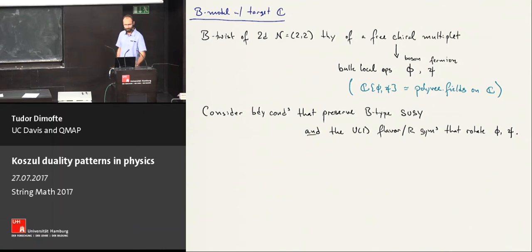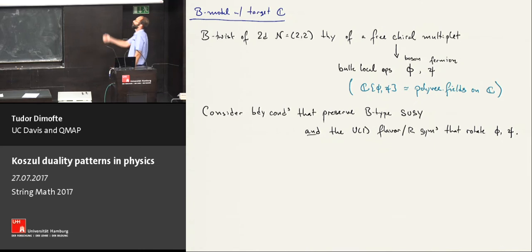OK, so let me go through the simplest possible example. I want to consider the B model with target C. Thought of as a supersymmetric theory, this is just a free chiral multiplet in 2 dimensions. The local operators in the cohomology of the B-type supercharge consist of a complex boson and a complex fermion.